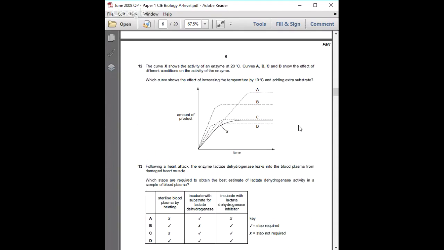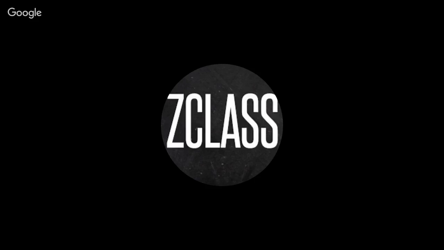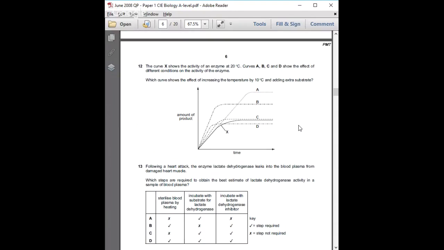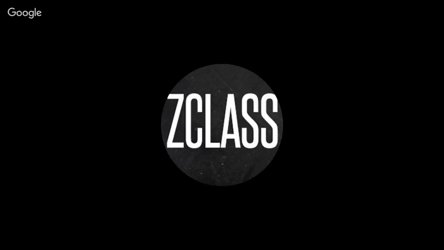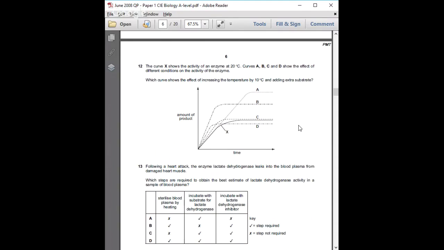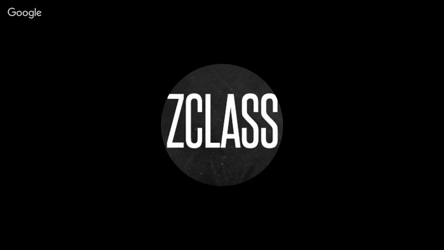Increasing the temperature by 10 degrees, you can pretty much be certain that it's not gonna stay the same initial rate. It's not gonna be A. It's not going to be C either because that's not enough of a difference. I think what they're trying to show you with C is actually no difference. So it's probably B. Yeah, good.